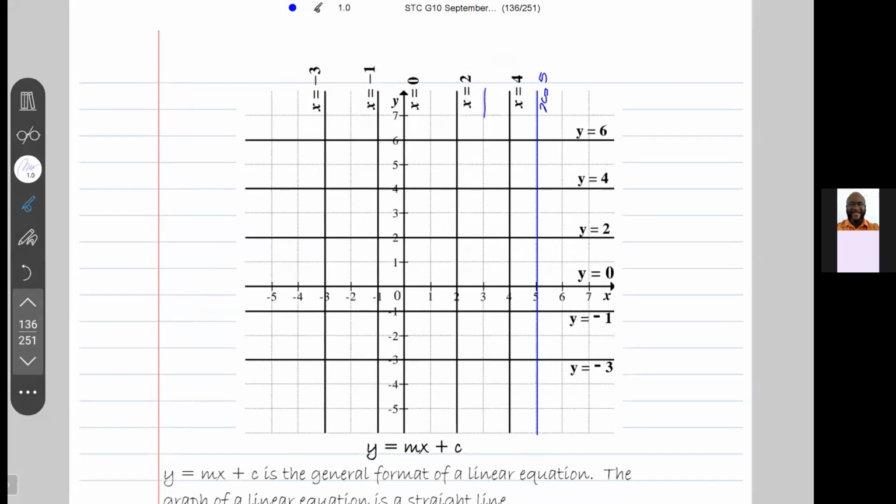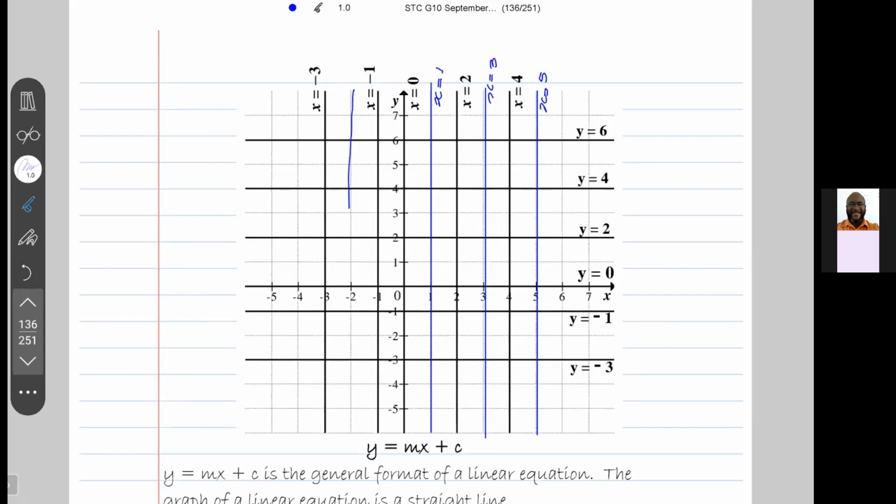The vertical line passing through 3 on the x-axis is x is equal to 3. This vertical line, already drawn, I'm just highlighting it, is the line x is equal to 1.